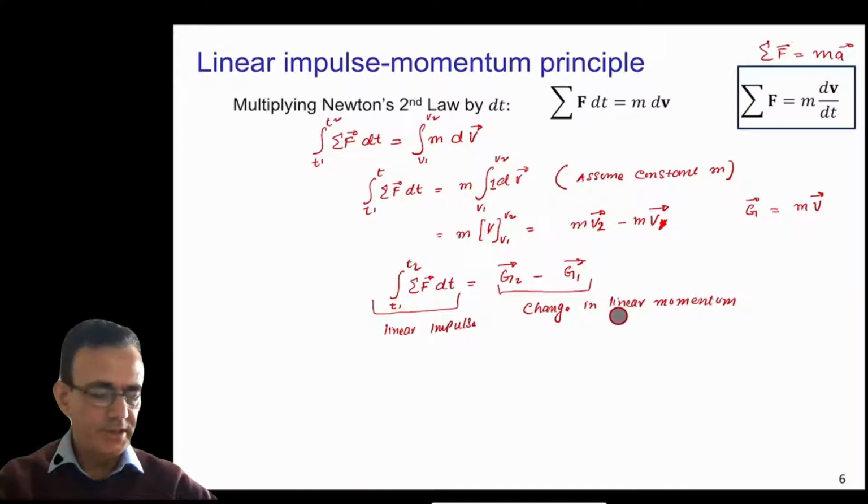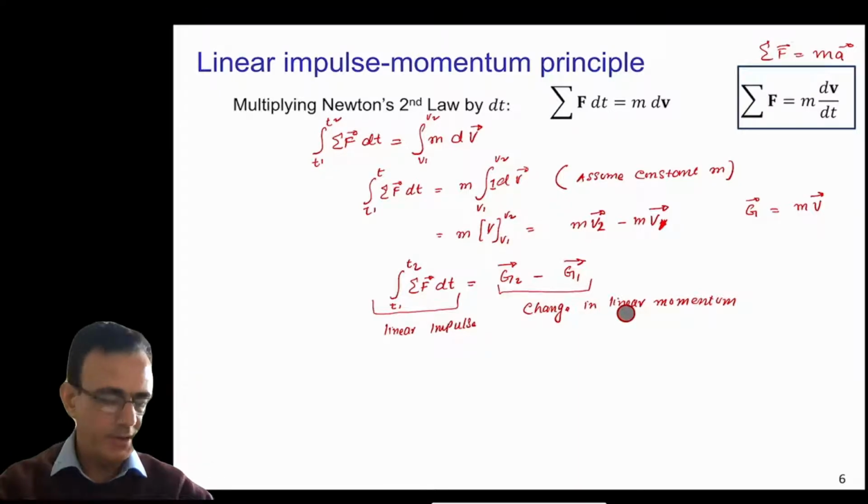And again, we are using the term linear because here we are using the linear velocity. There is also another quantity that we will discuss later on, which is the angular momentum. So just to give you an idea, because we are using the term linear momentum here, it is because we are multiplying mass with the linear velocity, which is v.